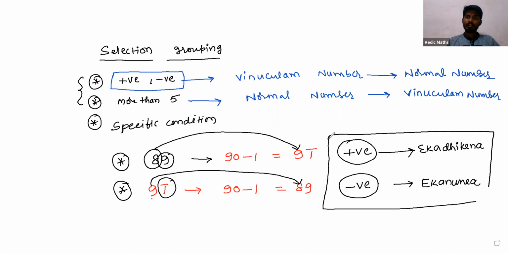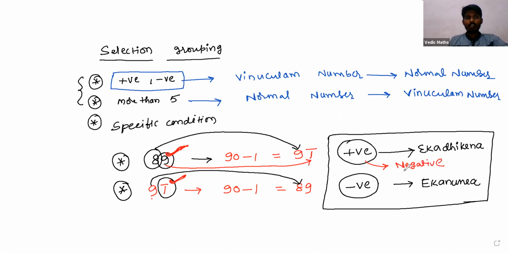Along with this, another point we have to learn here. So when you are selecting a positive digit, here you selected positive 9, here you selected negative 1. When you are selecting a positive digit, your answer is in the negative. Let me write negative.